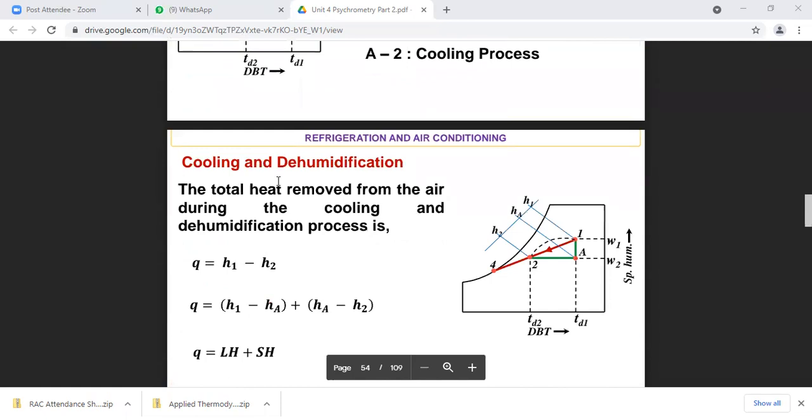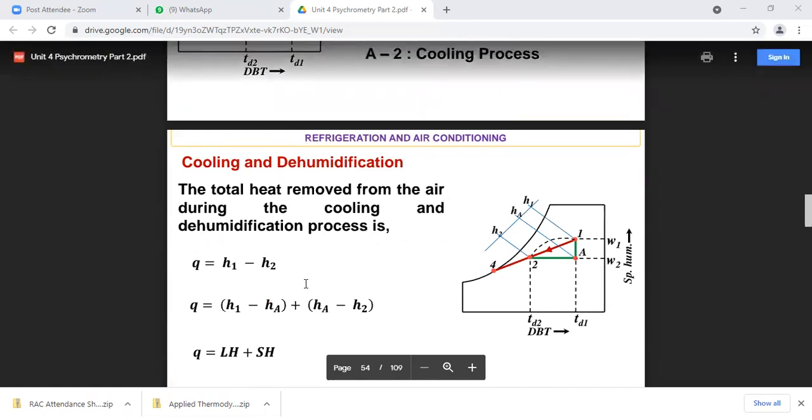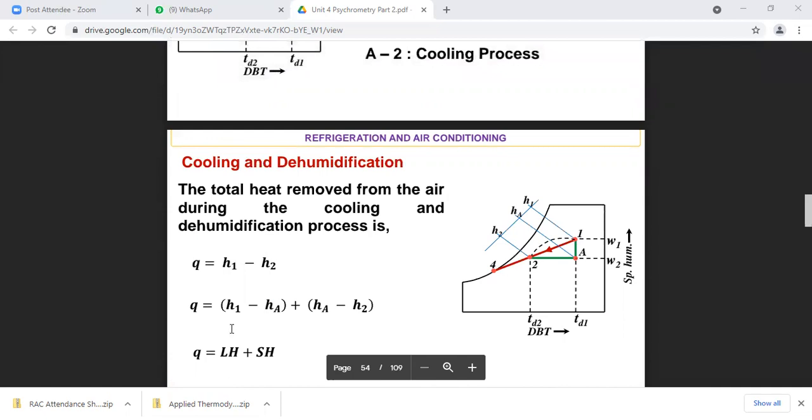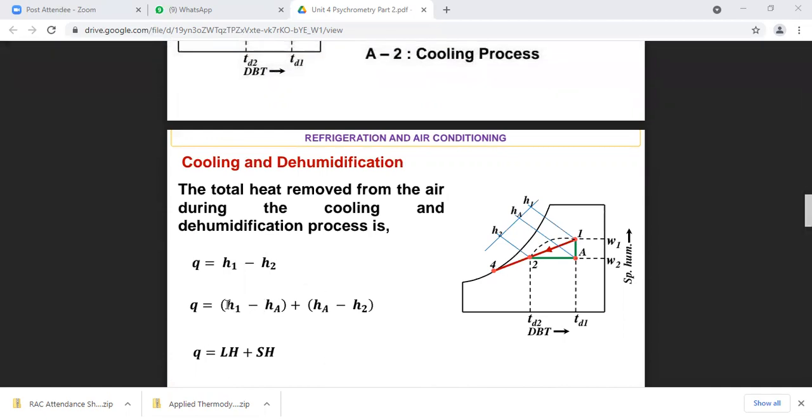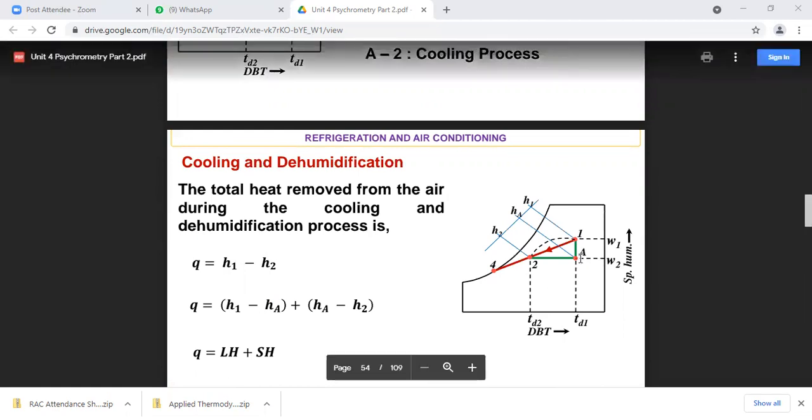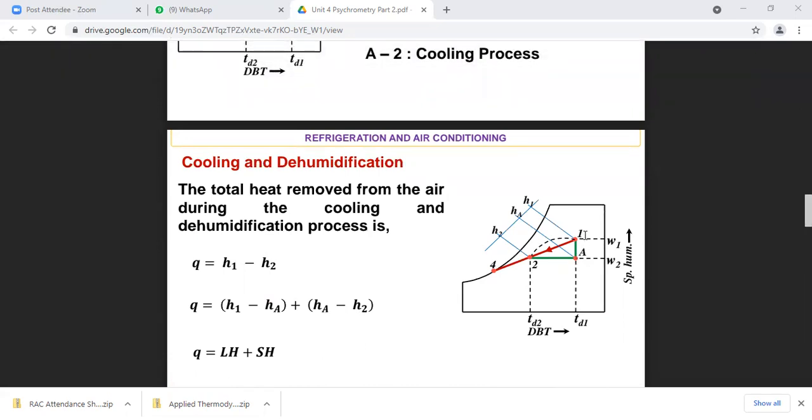We treat them separately: Q is equal to H1 minus H2, and we split this process as H1 minus HA, plus HA minus H2.